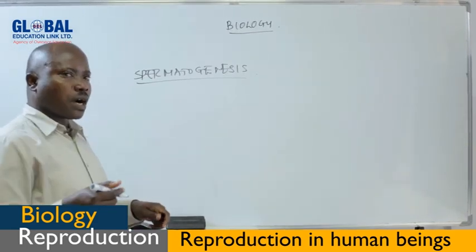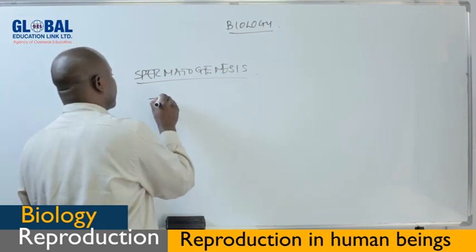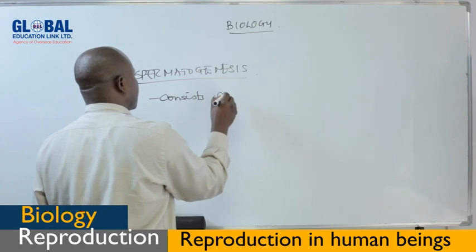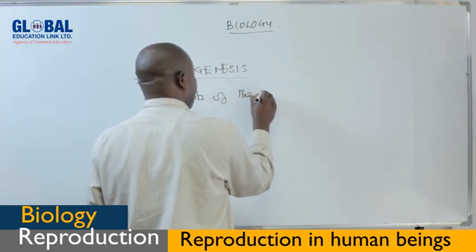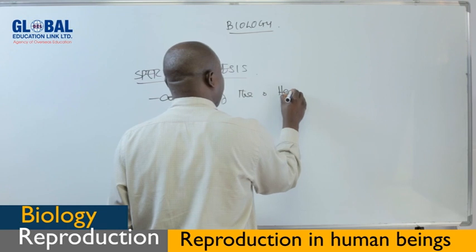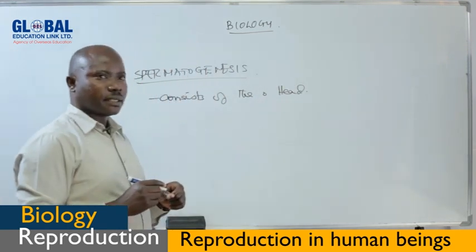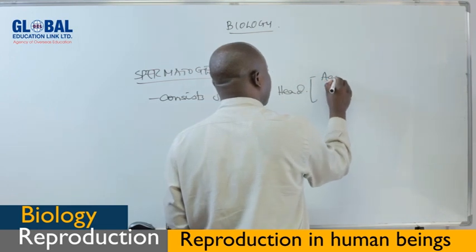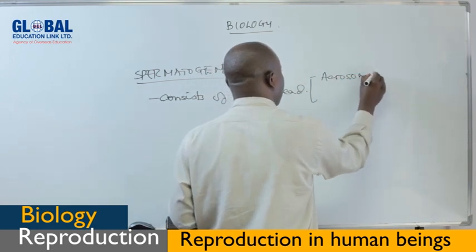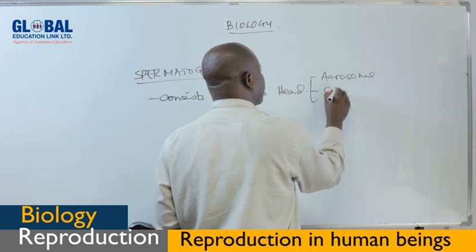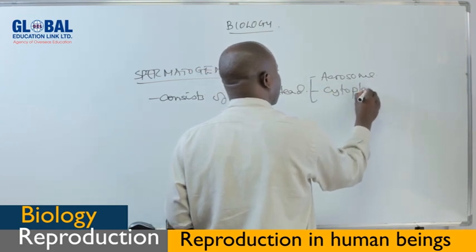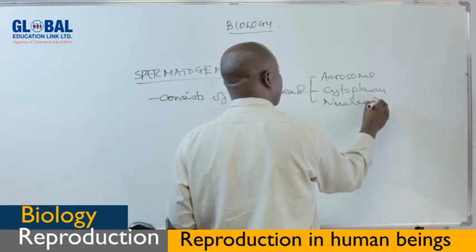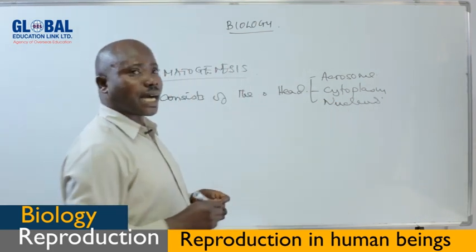A functional spermatozoon consists of the head that has the acrosome, cytoplasm, and the nucleus. But also it has the neck.